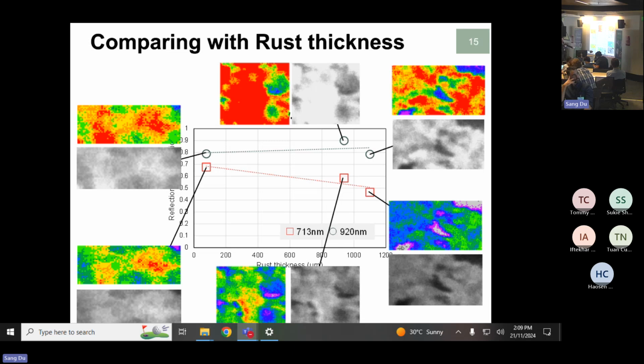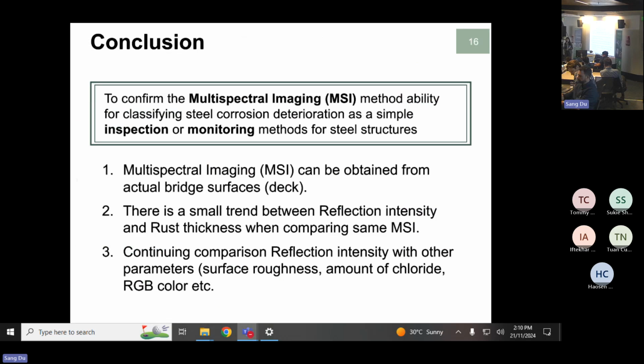But for example, the top two are too bright, I think, and compared with that, the downside is too dark. When I took the multispectral images, I felt the LED light was quite weak to take the images. So maybe a brighter light is required.